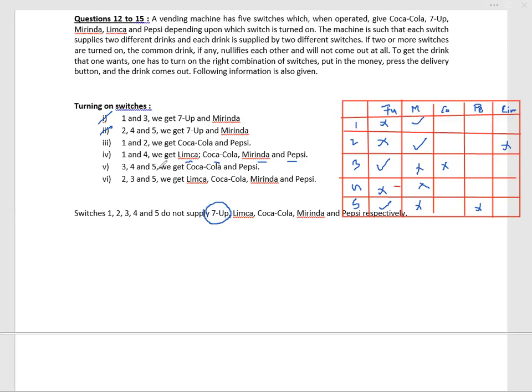Among 3, 4 and 5, 1 giving us Coke. 2, 3, 5 Limca, Coke, Mirinda, Pepsi. 3 gives us 7 Up. 5 gives us 7 Up. Limca is not coming out of 2. Limca can come out of 3.